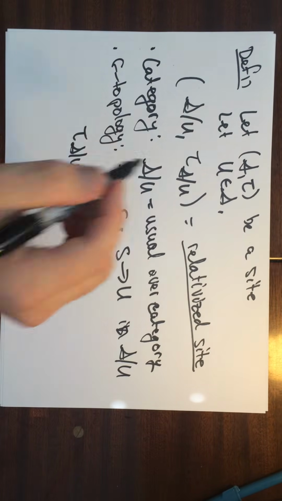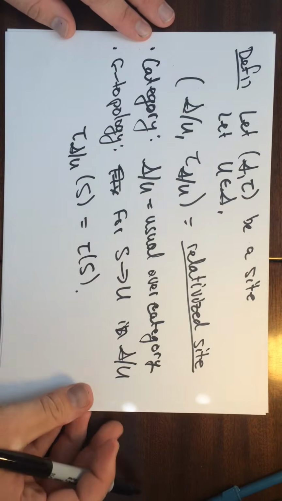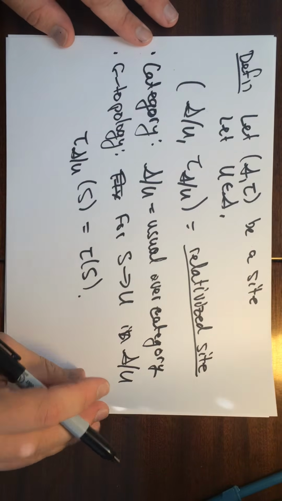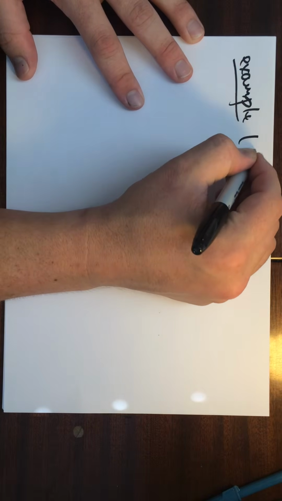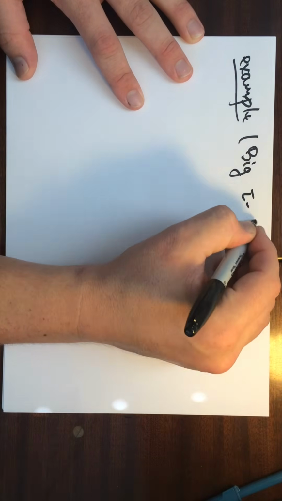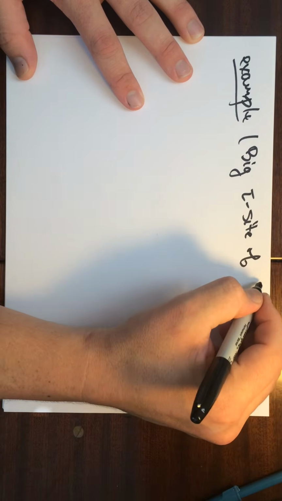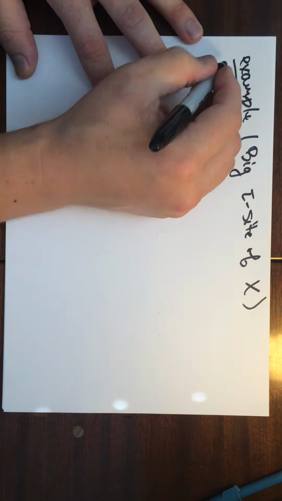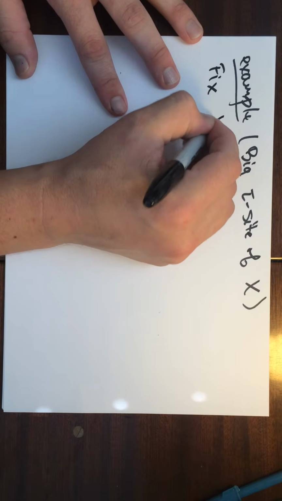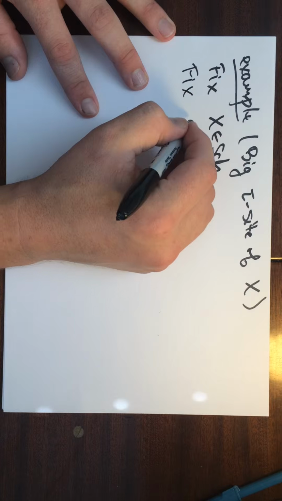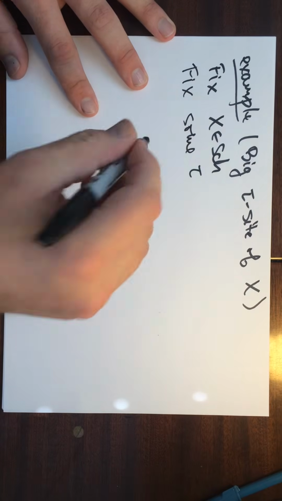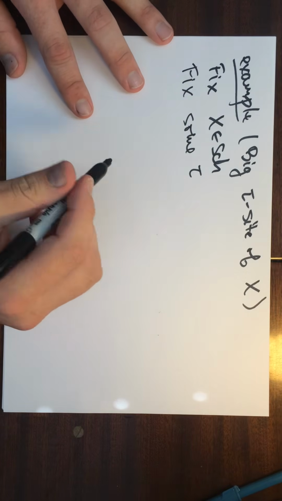Okay, so now that we have this notion of a relativized site, now I can define the big tau site of a scheme. So example, the big tau site of a scheme. Okay, so we fix again a scheme X. We fix some tau, and it needs to behave well under base change and composition.